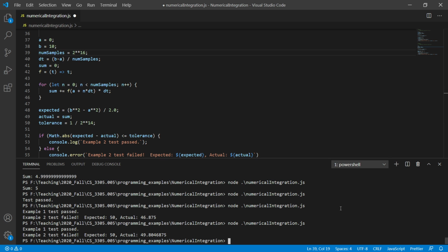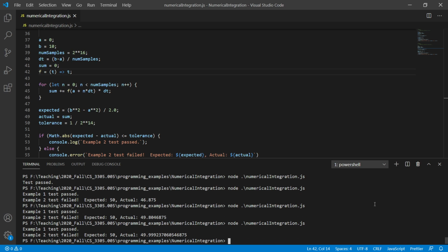So now we're going to run 65,000 samples. And we're getting closer. So let's really ramp it up. And we'll say, okay, give me like 1 million samples.